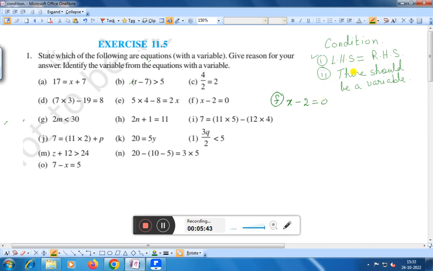The first condition, that left hand side is equal to right hand side, is satisfied, and there should be a variable, x is the variable. Therefore, we can say it is an equation with variable x.